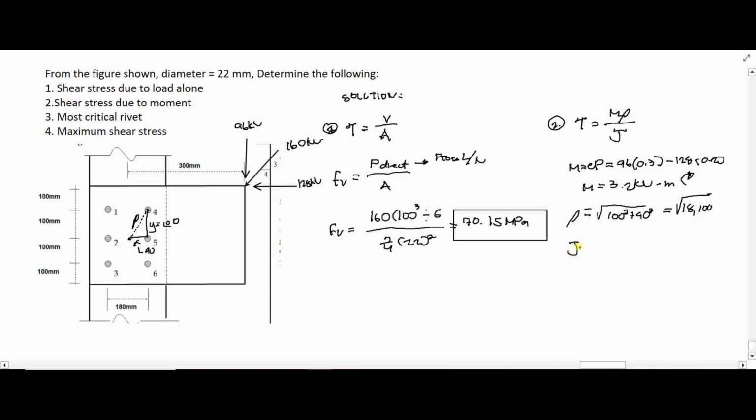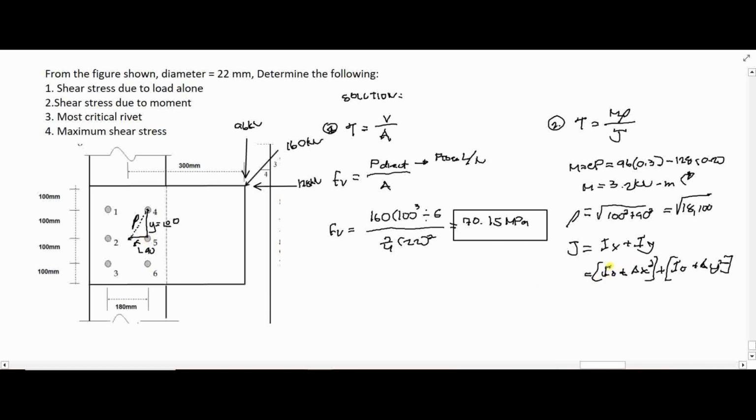J is the polar moment of inertia. That's Io, sorry, that's Ix plus Iy, in which Ix is I sub o plus the transfer formula. Now we are going to transfer each bolt to the centroid, or the center of gravity. So that's Ax squared plus I sub o, plus Ay squared.